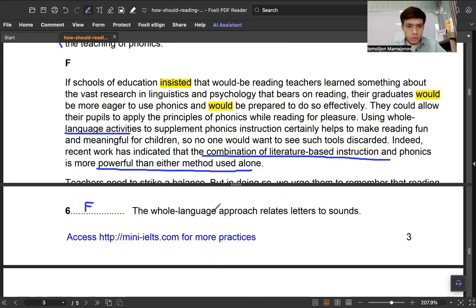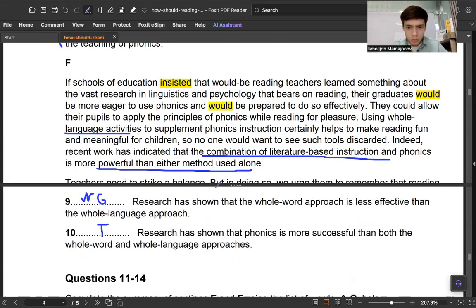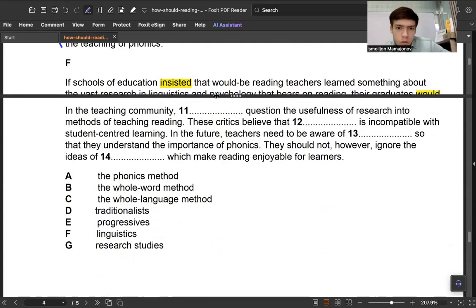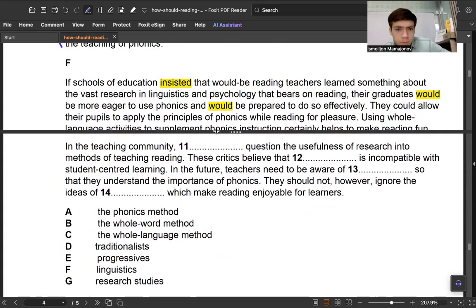True, false. We answered all. What's left? Oh, in the teaching community. You use grammar here and logic. Okay. Question of usefulness, research into methods of teaching reading.